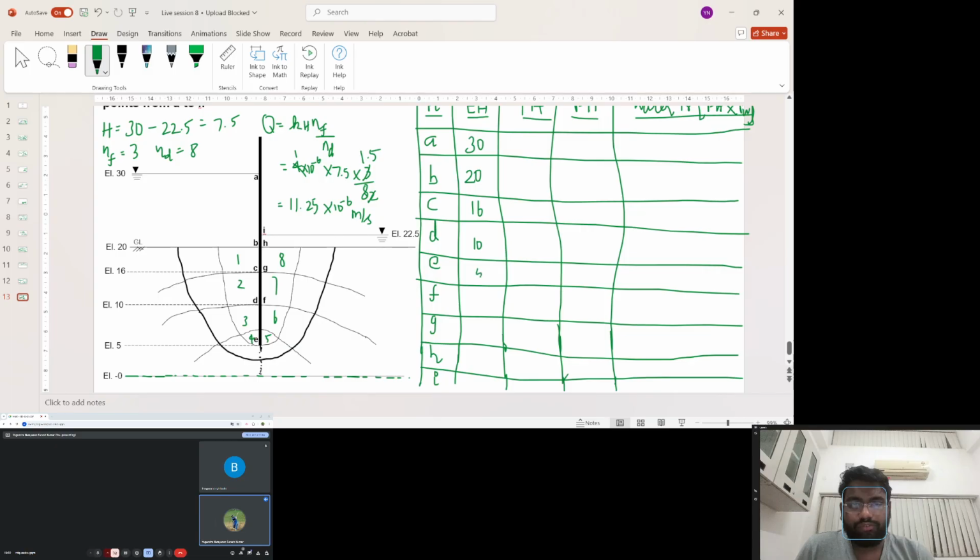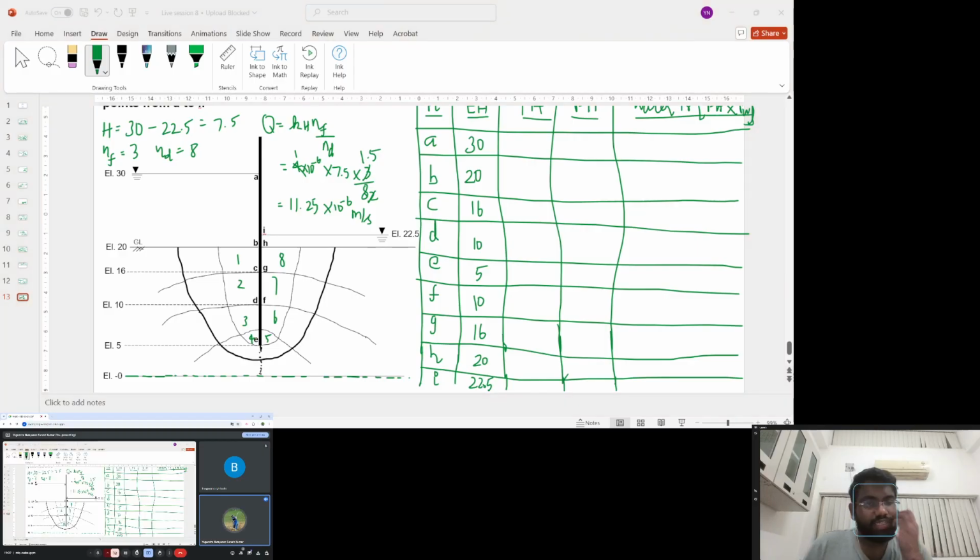E is 5. F is again 10. G is again 16. H is again 20. And I is at 22.5. Understood? Any doubts? We are just calculating the elevation head.